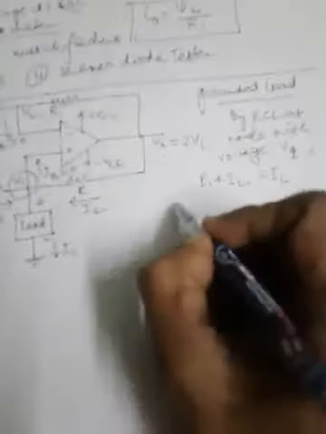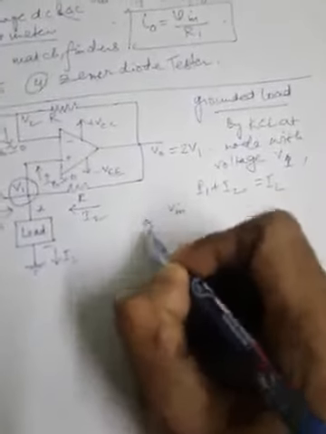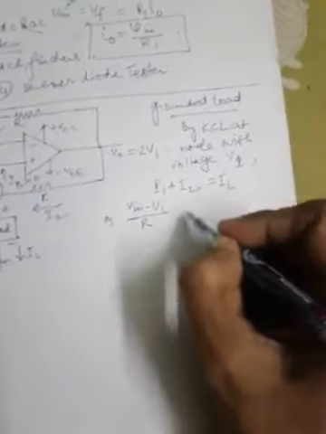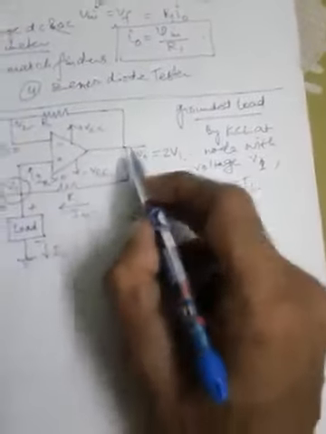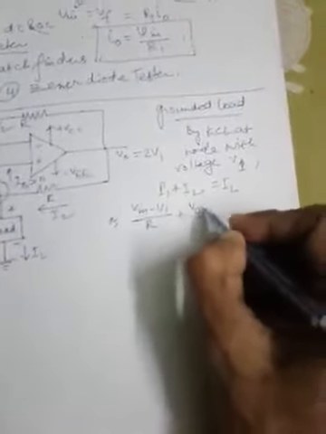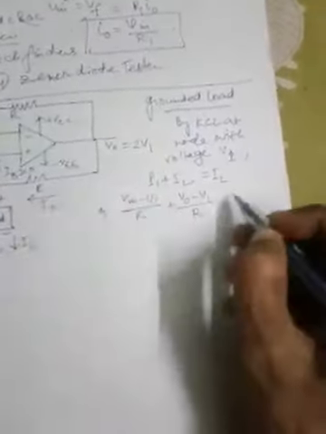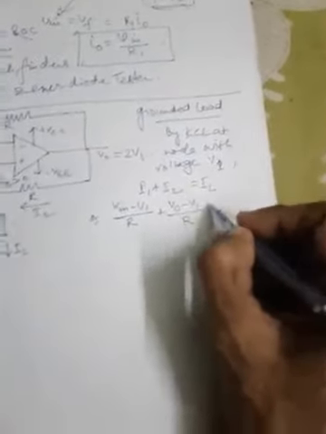Now what is I1? Vin minus V1 by R. And I2 is VO minus V1 divided by the same R. That is equal to IL.